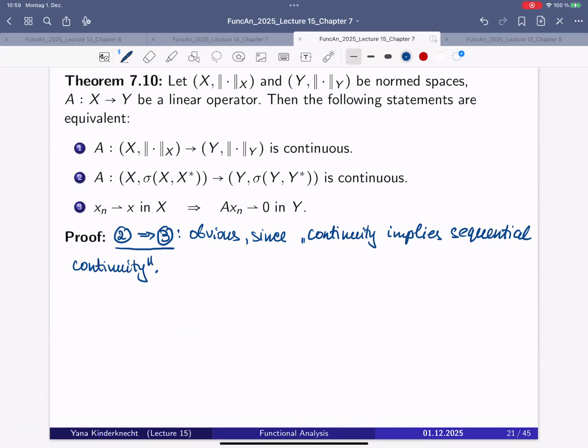We have discussed it definitely in the very beginning of the lecture course, though I don't remember the number of the statement. So this is the continuity, and this is the sequential continuity at 0. Both convergences correspond exactly to these topologies. So if A is continuous with respect to these topologies, then it is also sequentially continuous. Again, everything happens only at 0, but due to linearity of A, this means it holds at every point.